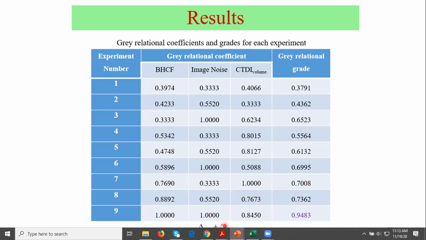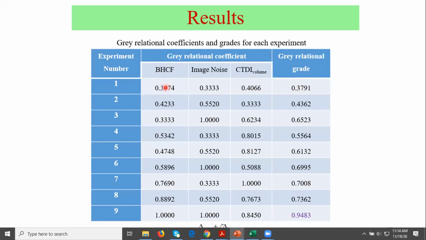These are the formulas here. Thereafter, this is the gradation coefficient you got for the three output parameters. From these three output parameters' gradation coefficients, we took the average. That is taken as the gradation grade.